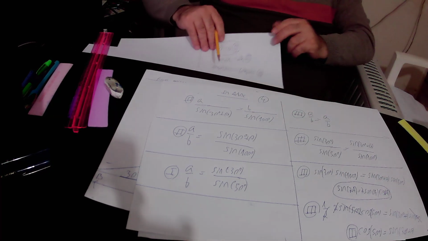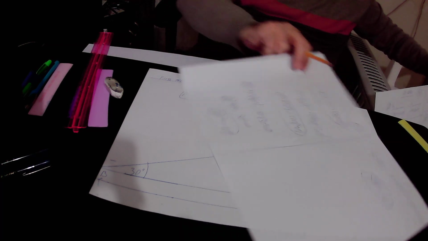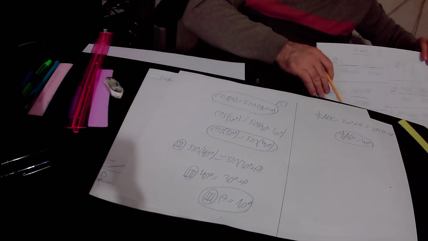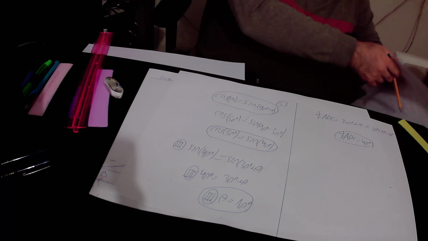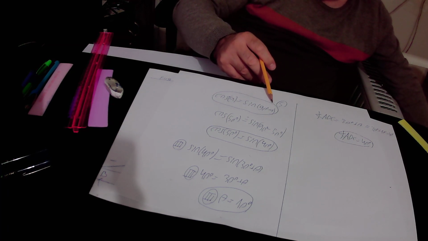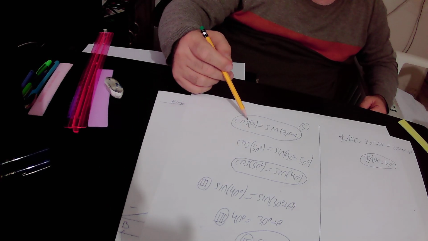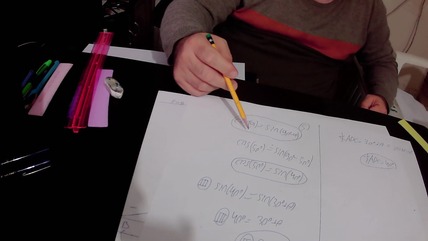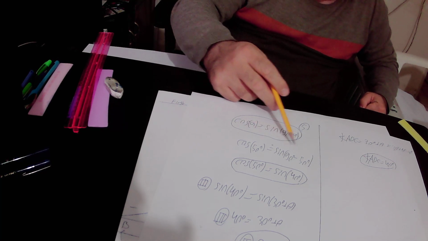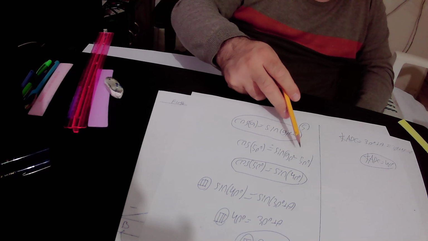Okay, but we have the trigonometric identity that states that cosine alpha equals sine 90 degrees minus alpha. So cosine 50 degrees according to this trigonometric identity will be equal to sine 90 degrees minus 50 degrees. 90 degrees minus 50 degrees is 40 degrees.